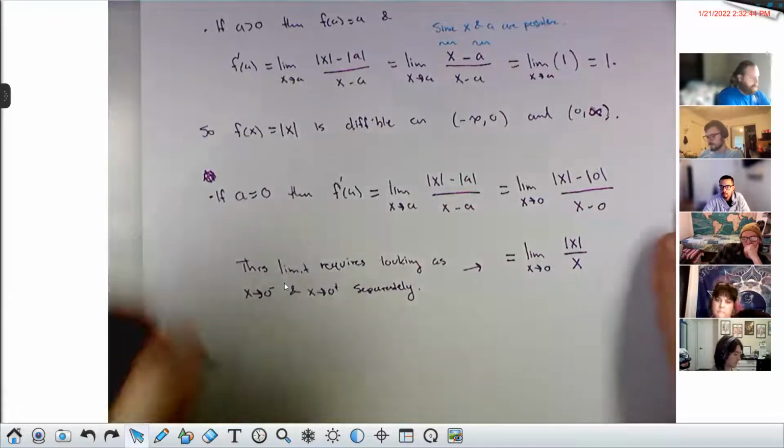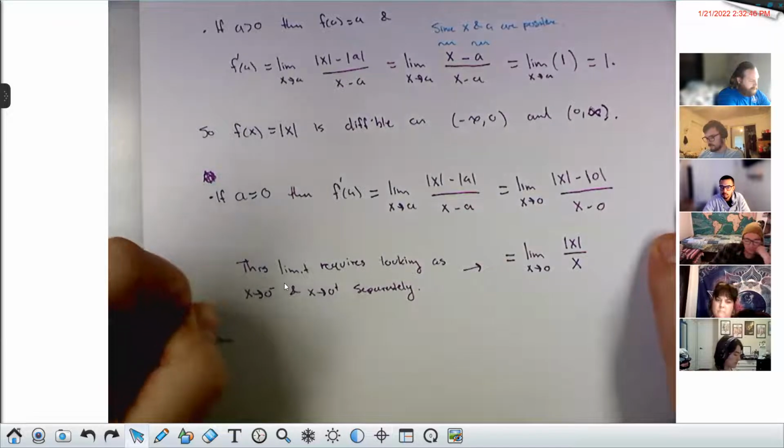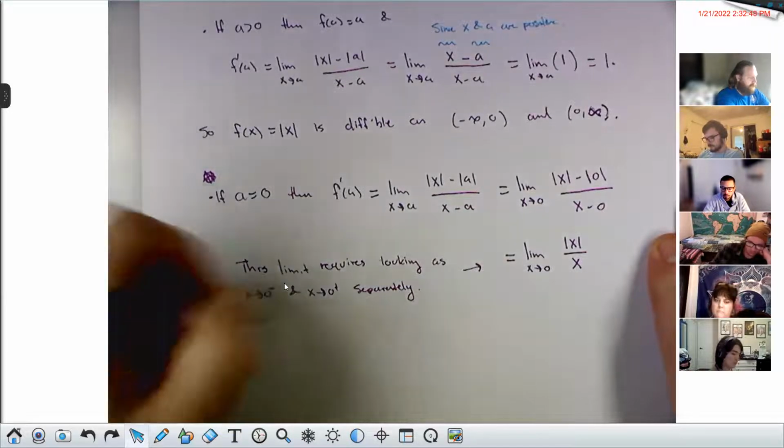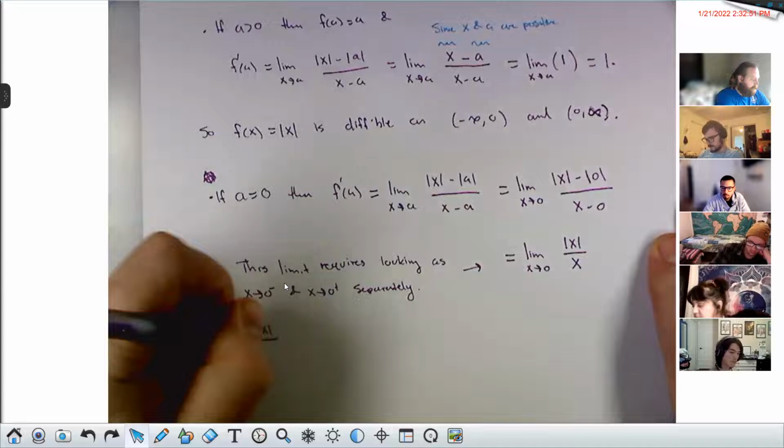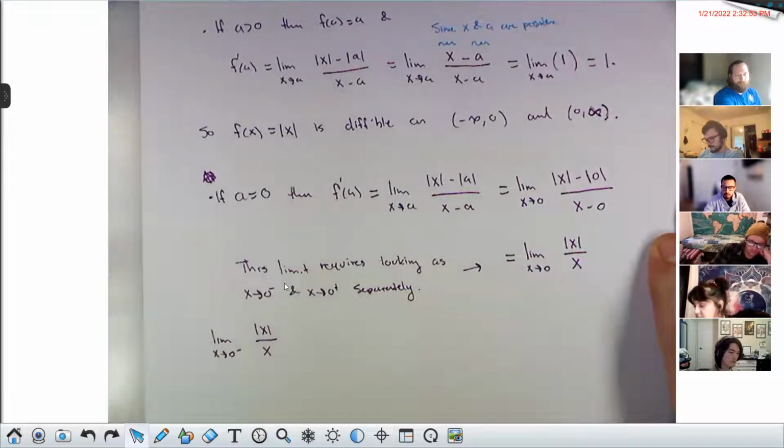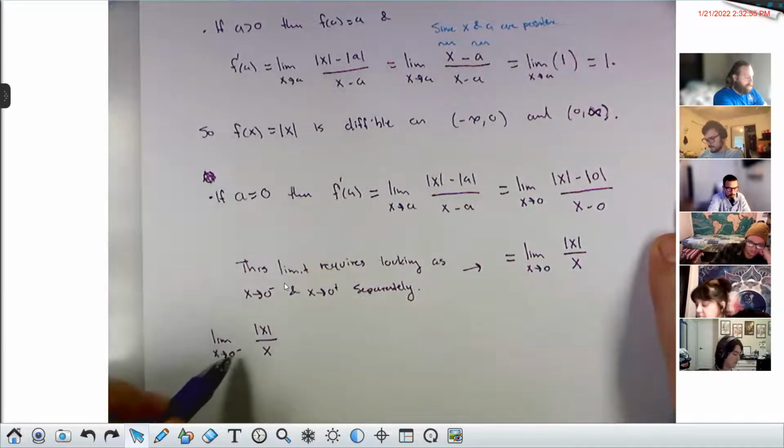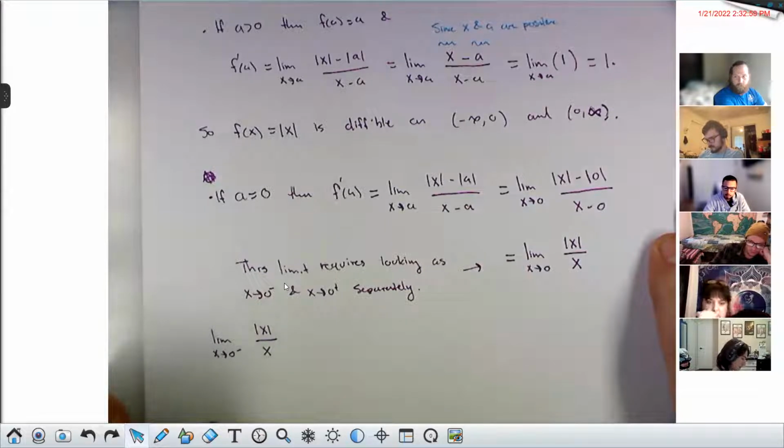But when I look at the limit as x goes to 0 from the left of the absolute value of x over x, within the one-sided limit, the x's are all negative because I'm approaching 0 from the left.